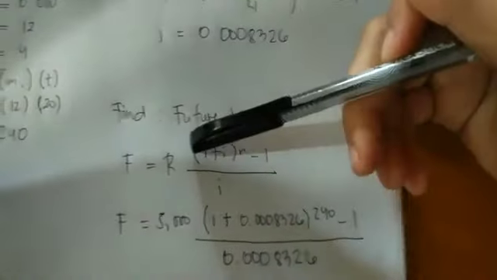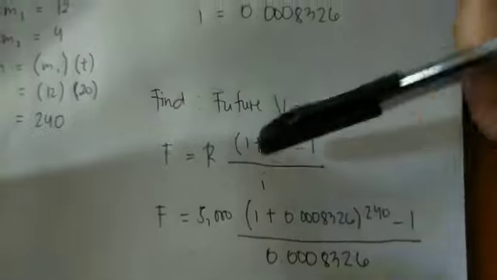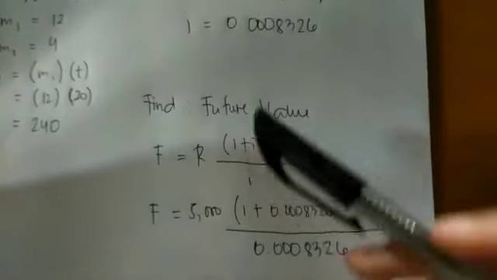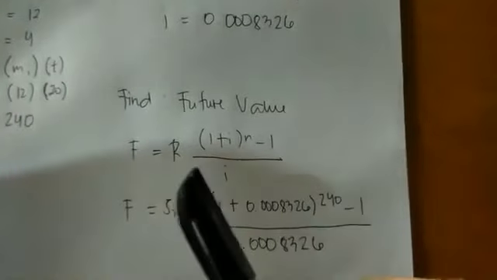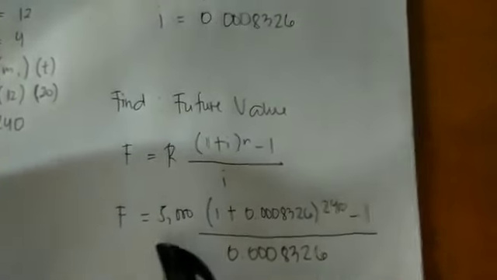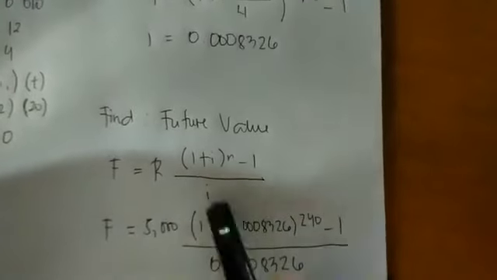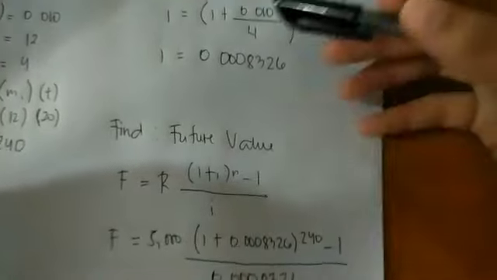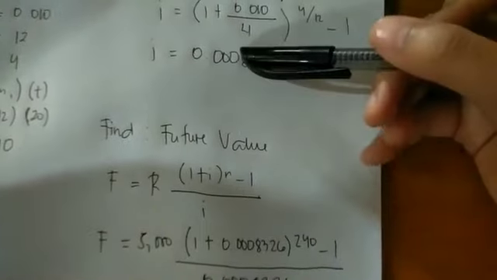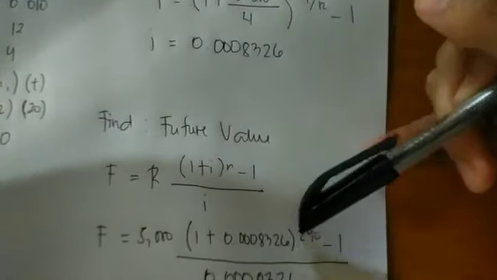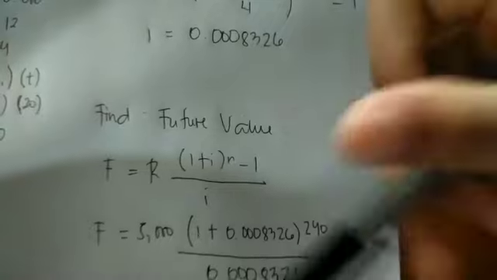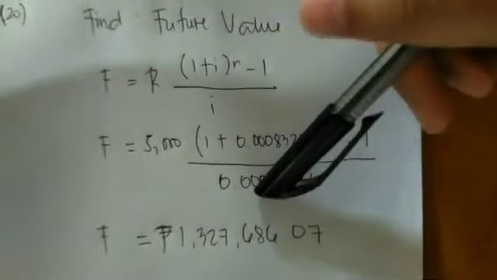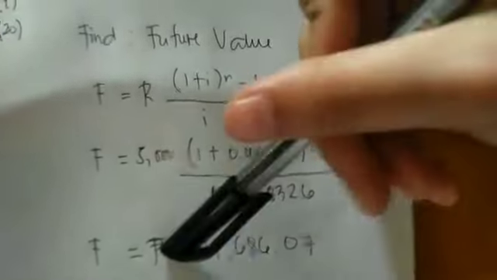Now let's find the future value. This is the formula for the future value. R stands for the regular payment, so the regular payment is 5,000. 1 plus i, 0.008326, with the exponent N or 240, minus 1, divided by 0.008326, and this is the answer.